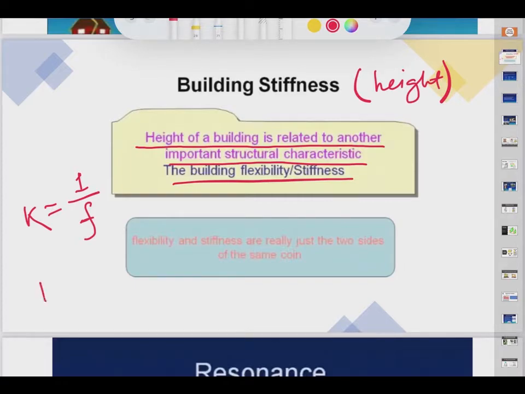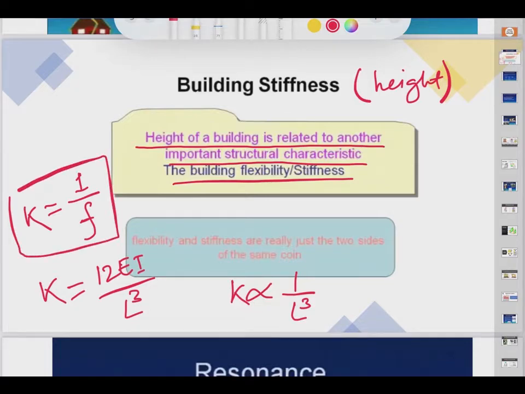So the formula of stiffness is generally written as 12 EI by L cube for one column. Okay. So here you can see that K is related to the length of the column, isn't it? K is inversely proportional to the cube of the length of the columns. So the height of a building will be related to this building stiffness also, and stiffness and flexibility are reciprocal to each other.